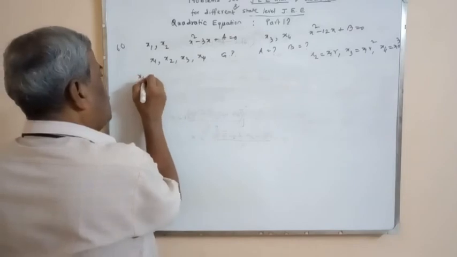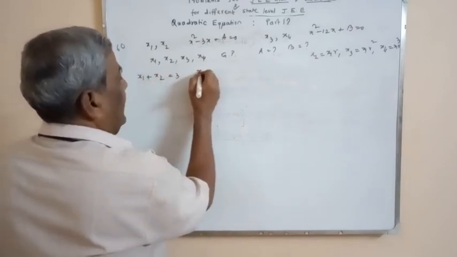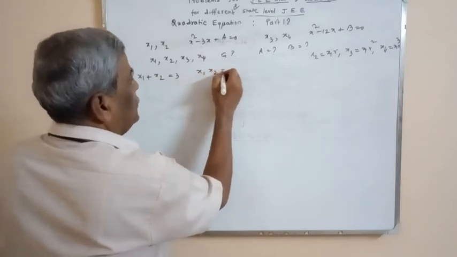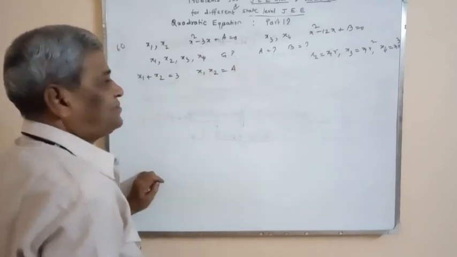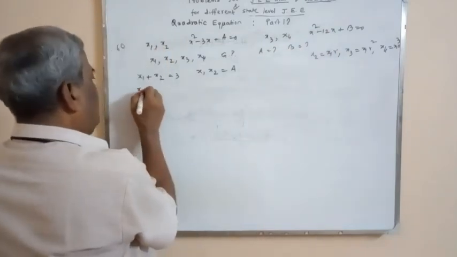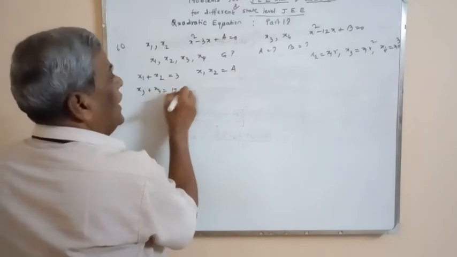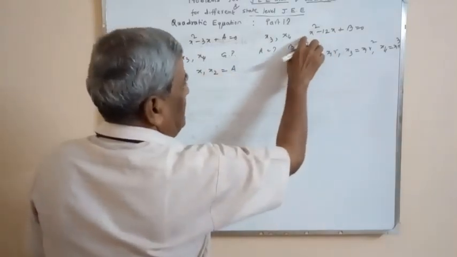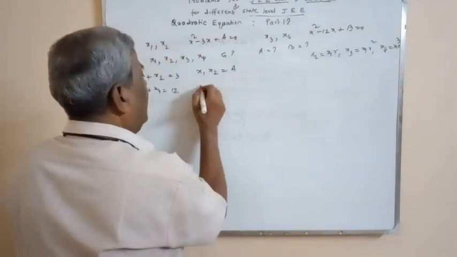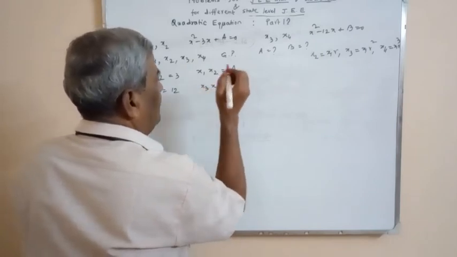Therefore, x1 plus x2 is equal to 3, and x1 x2 is equal to A. From there, x3 plus x4 is equal to 12, and the product x3 x4 is equal to B.